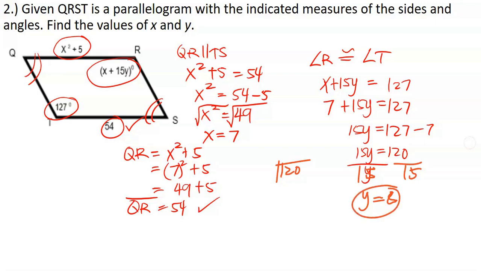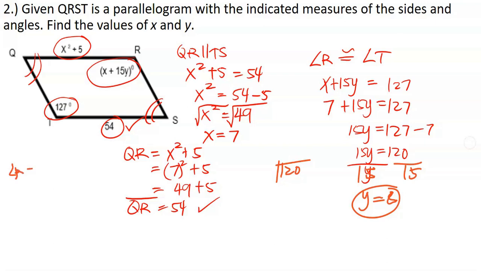You can also solve for the two other angles. So we are expecting that angle R should also be equal to 127, but that's only possible if we do the checking. So we substitute x.